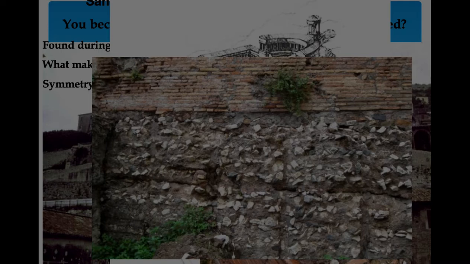But the concrete structural possibilities were basically endless. The invention of this type of concrete initiated the Roman architectural revolution, allowing builders to be much more creative with their designs since concrete takes the shape of the mold or frame it is poured into. Buildings begin to take on even more fluid and creative shapes.